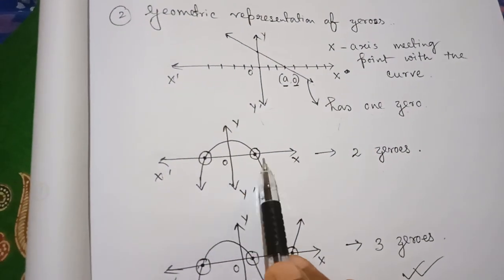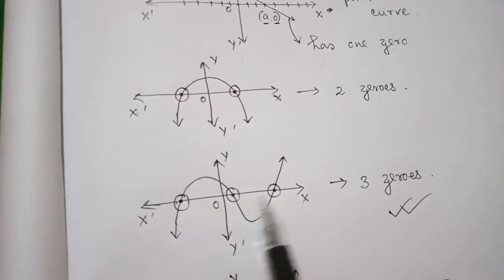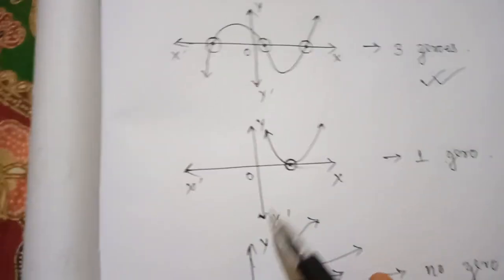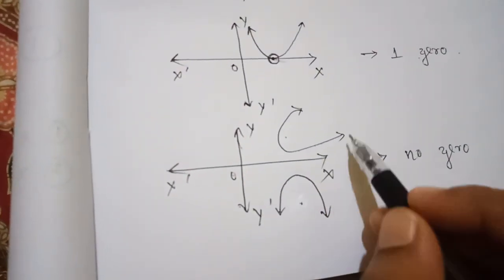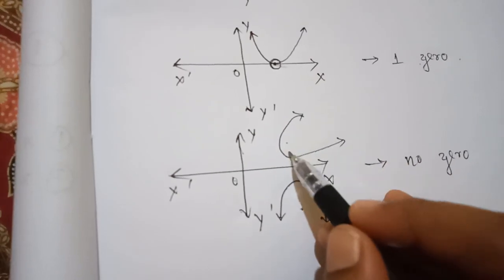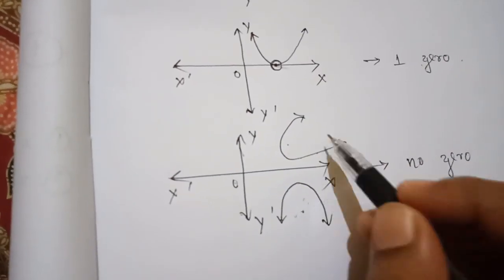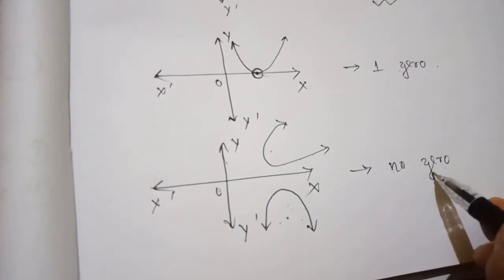Two meeting points, that means two zeros. Three meeting points, that means three zeros. One touching point, that means one meeting point, that is 1 zero. And now there are no meeting points in these two figures with x-axis, that means no zero.